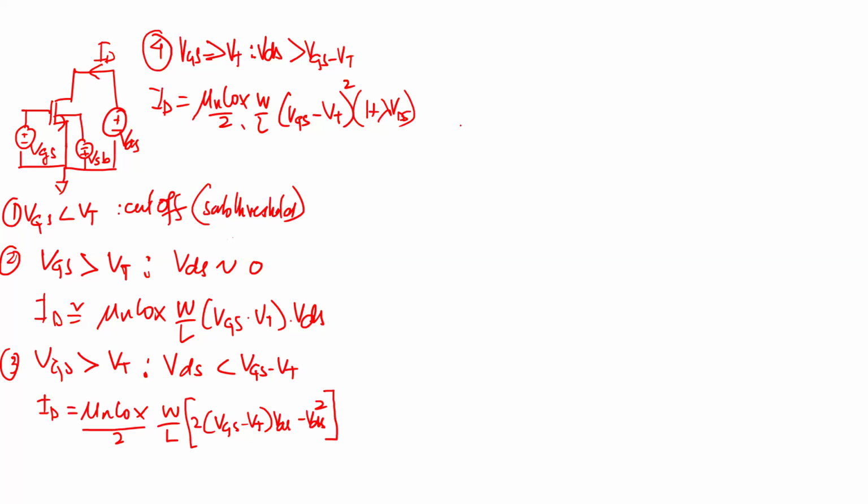So that's for NMOS. And if I just draw VDS versus IDS, then for different VGSs, that's the curve. So this is the linear region here, before cutoff obviously there's no current.